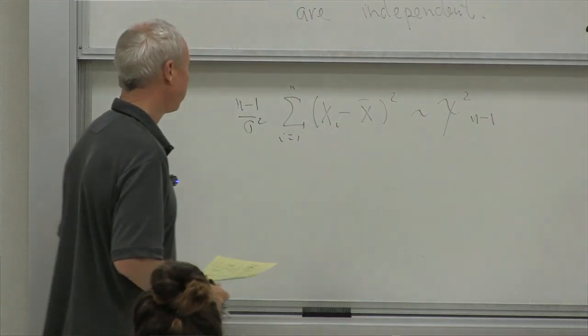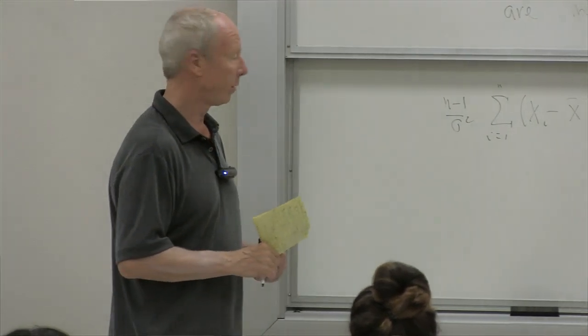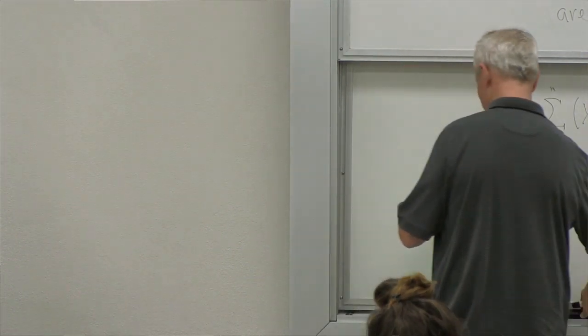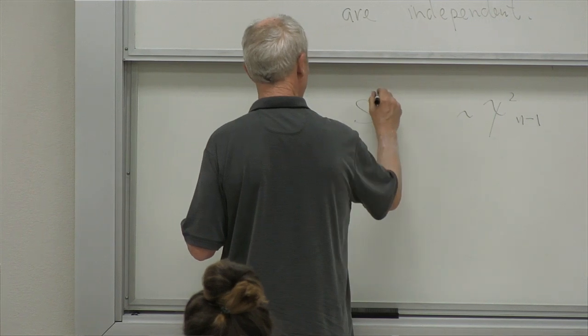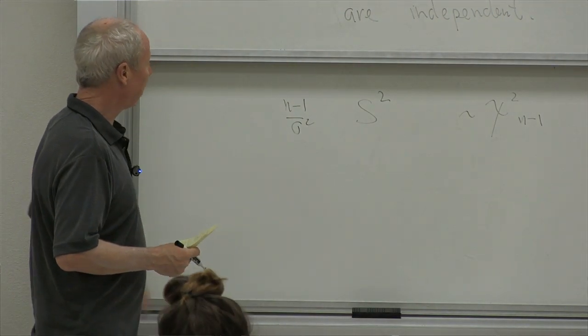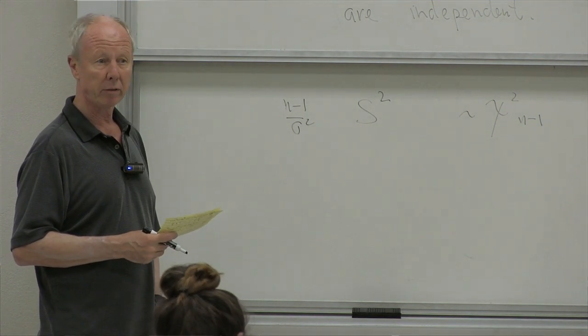Here's an interesting fact. If I multiply s squared by n minus 1 divided by sigma squared, I get a chi-squared with n minus 1 degrees of freedom.